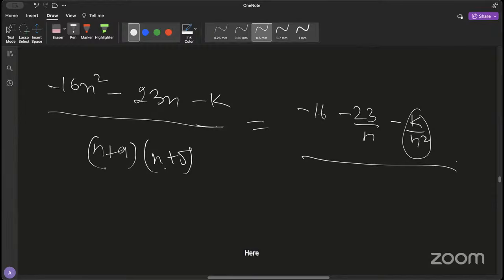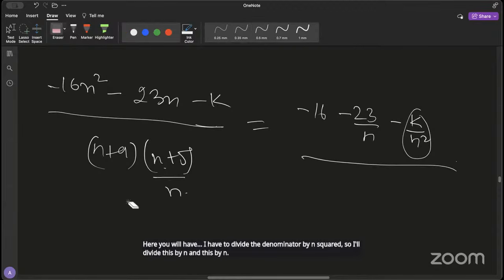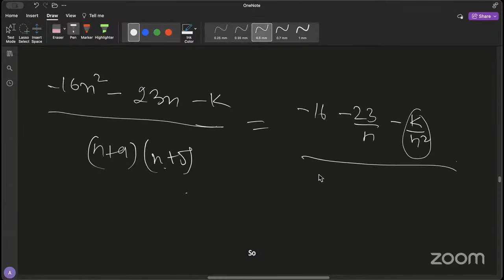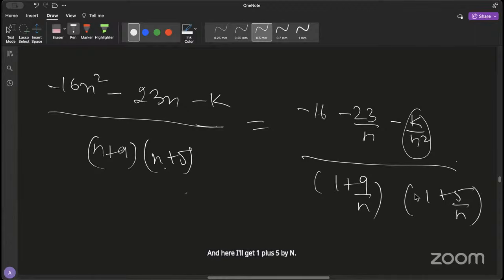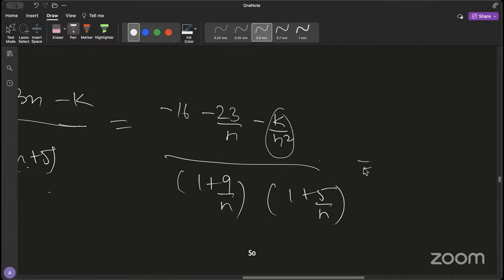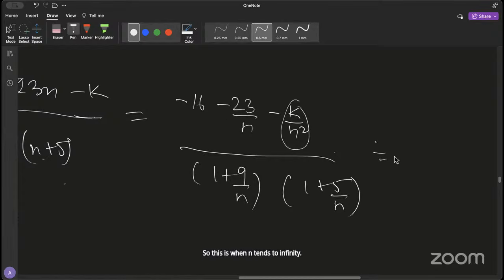Here I have to divide the denominator by n square, so I'll divide this by n and this by n. So I'll get 1 plus 9 by n, and here I'll get 1 plus 5 by n. So this is when n tends to infinity.